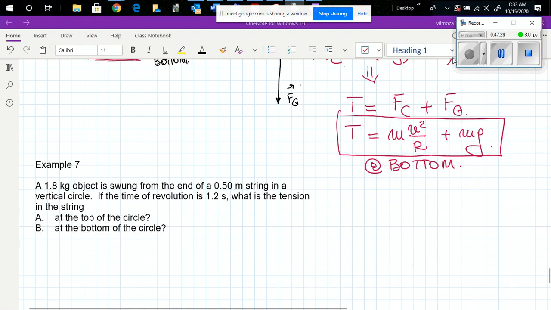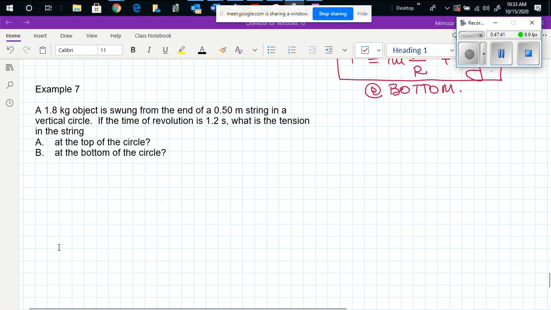Does this make sense? We have here an object swung from the end of a 0.5 meter string in a vertical circle. If the time of revolution, meaning the period, is 1.2 seconds, what is the tension in the string at the top of the circle and at the bottom of the circle?